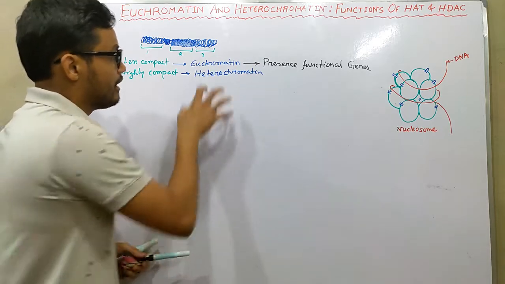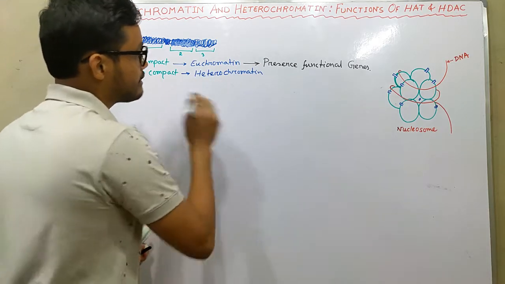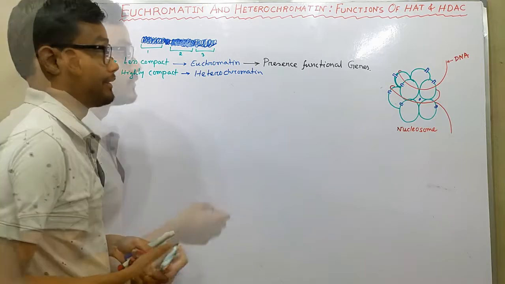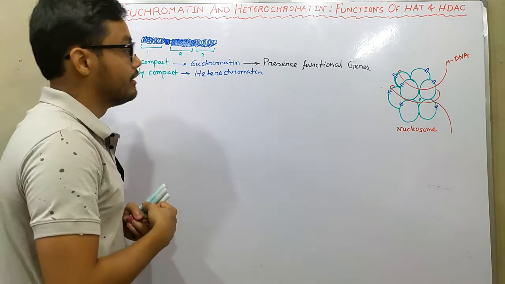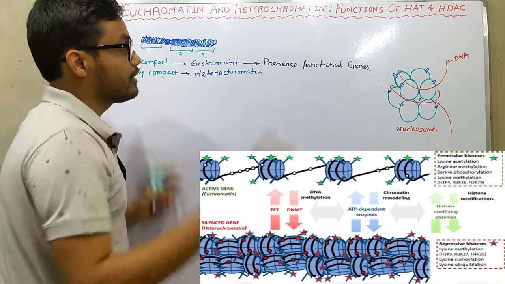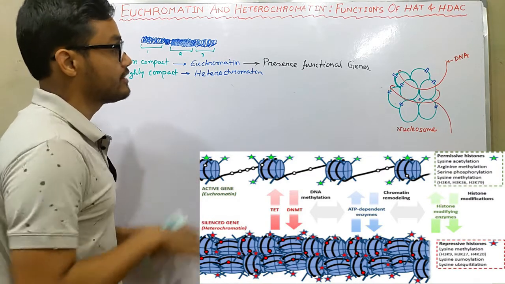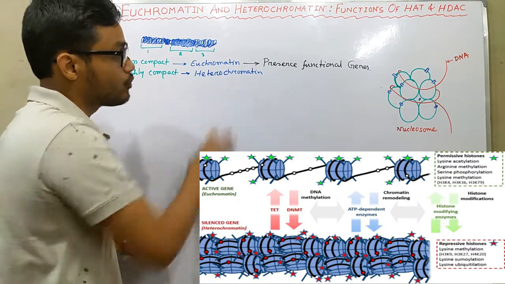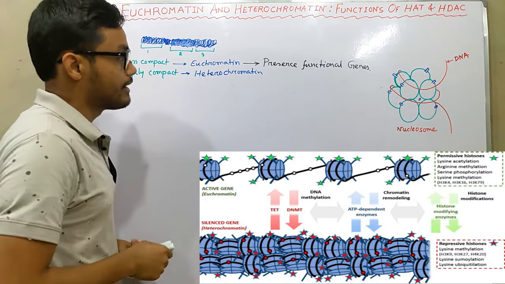That means in heterochromatin, the packaging is highly compacted, and in this case, DNA is not allowed to separate from the nucleosome. That is why the structure is more compact, and it is known as heterochromatin.